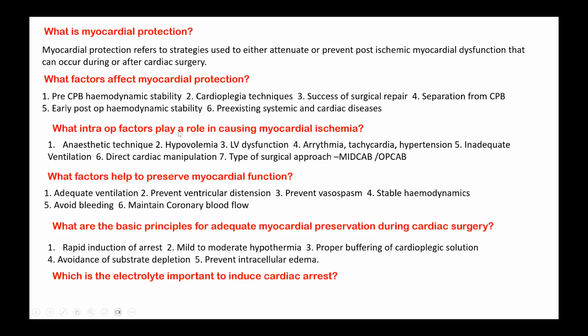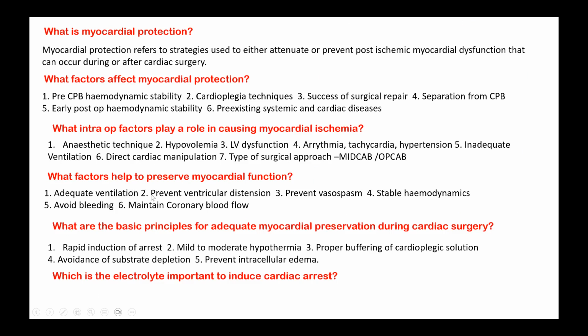So intraoperatively, if you don't take care of the volume and if you don't preserve the LV function, if arrhythmias, especially tachyarrhythmias, happen or hypertension happens, and if there is any ventilatory failure or direct cardiac manipulation by the surgeon and the surgical approach, especially MIDCAB or OPCAB, all these things can cause myocardial ischemia.